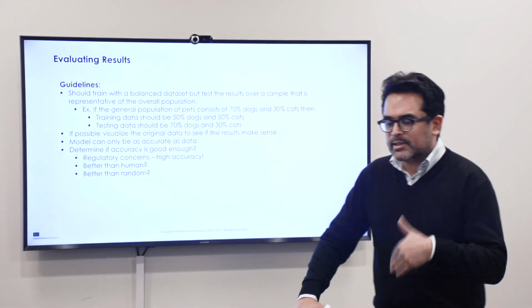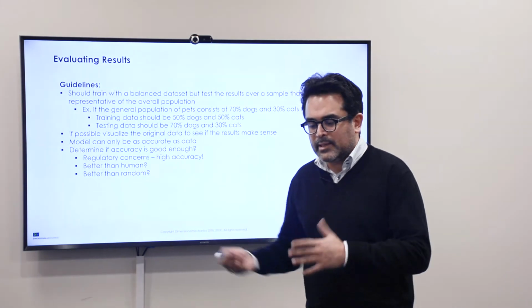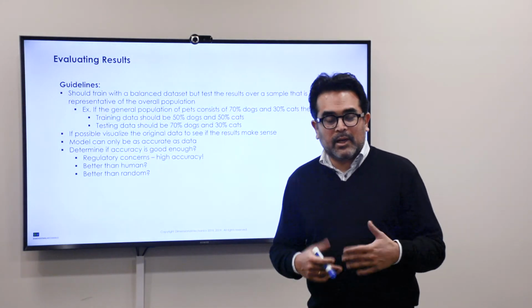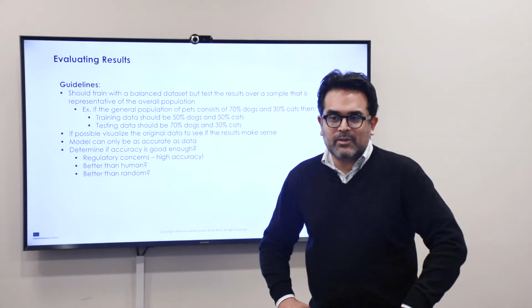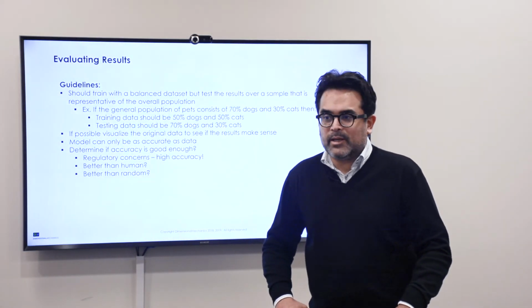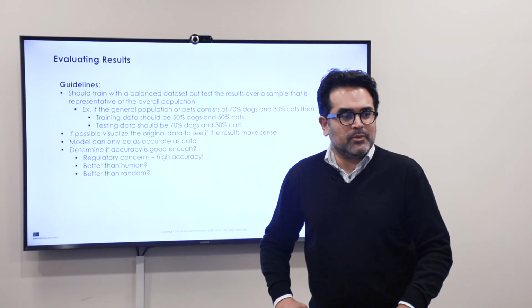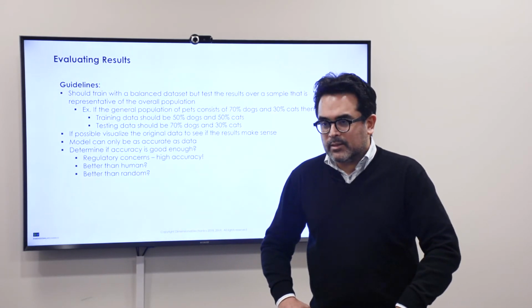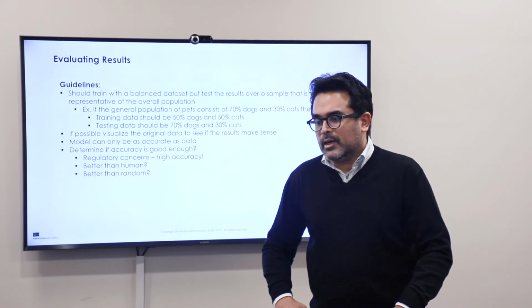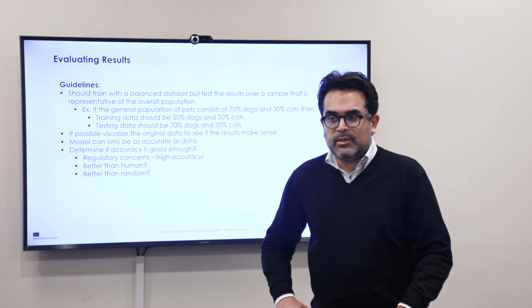So you basically need to set some standards, so have something in mind. Are you happy with something simply being better than random? In the financial markets, maybe that's all you care about, because better than random already gives you an advantage in the market. If you talk about medical stuff, you probably just need to be better than human.